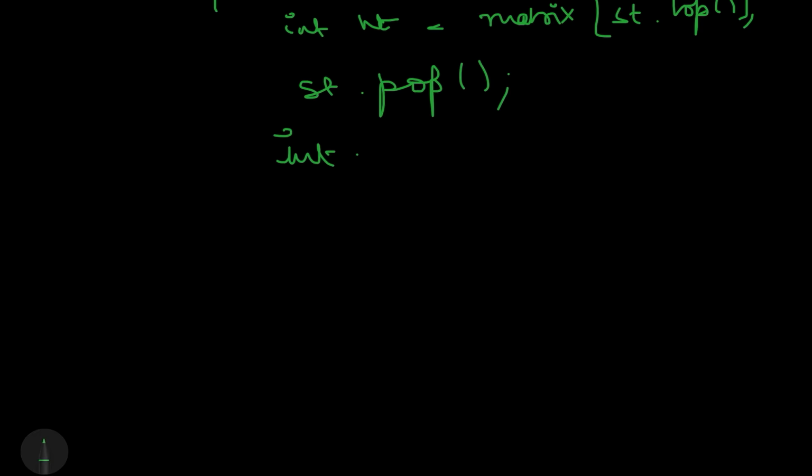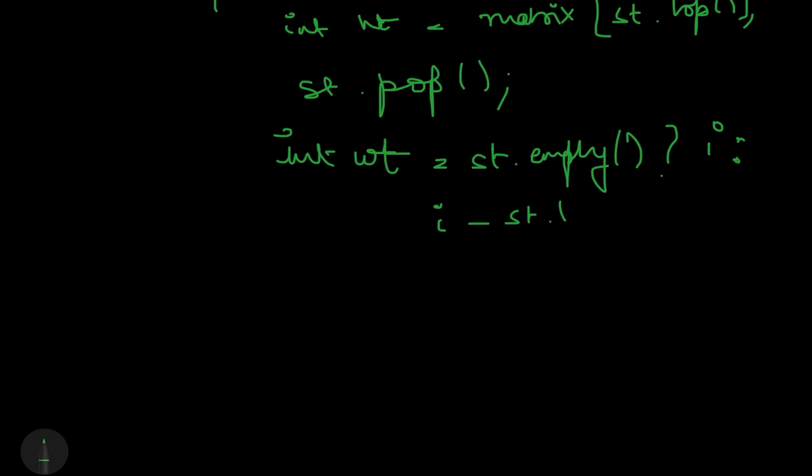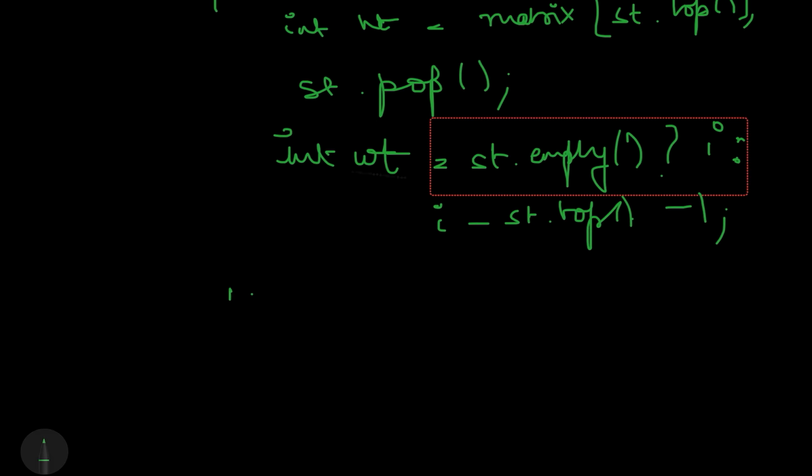Then we'll define the width. What will be the width? It is equal to: if stack dot empty, then we'll initialize i. Otherwise, we'll initialize as i minus stack dot top minus 1. Okay.